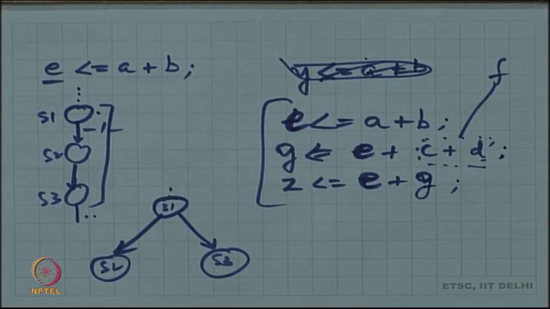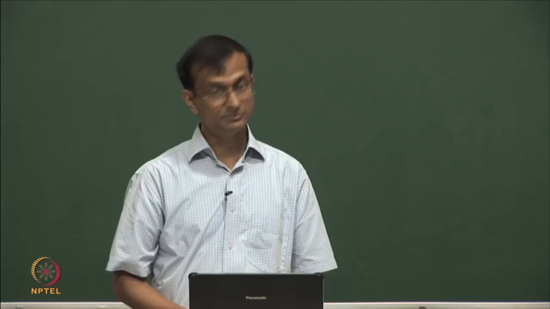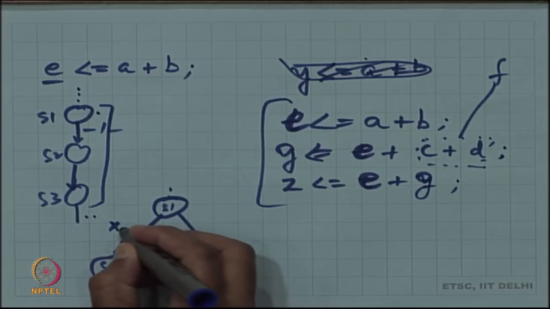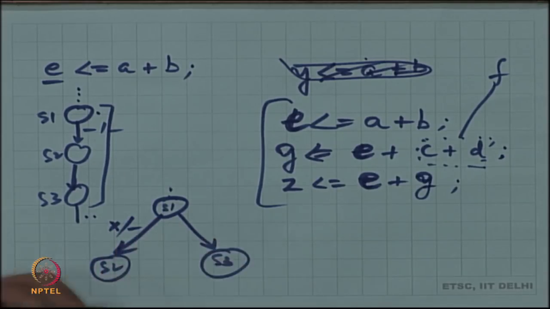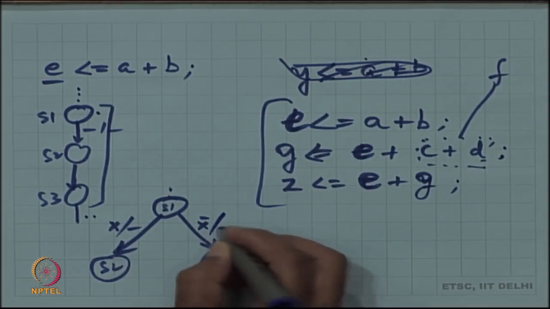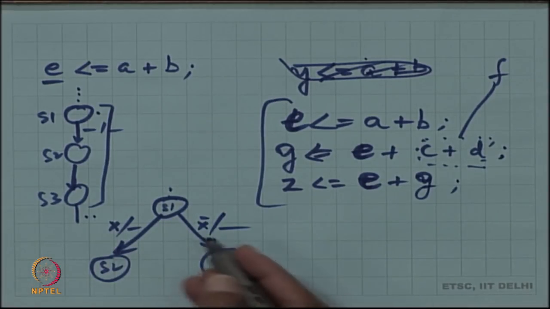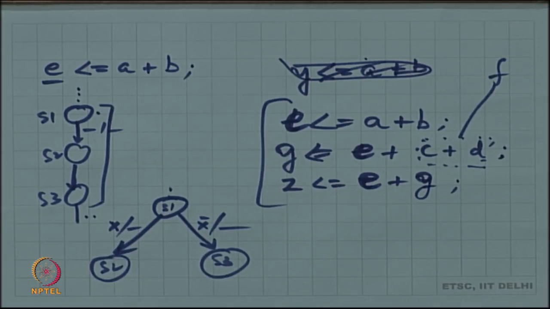It could be that you have a comparator on the data path and the output of the comparator says true or false, and depending on whether the output is true or false, you may go one way, or let us say that input is taken here as x, then on x you go to one state, on x bar you go to the other state. Okay. So, that is the other kind of status signals that we are talking about.